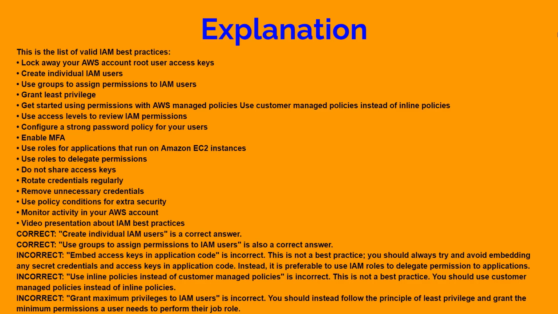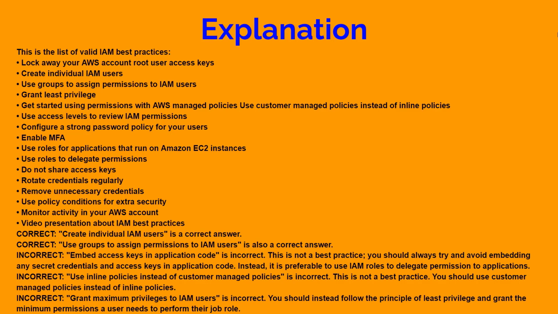Configure a strong password policy for your users. Enable MFA. Use roles for applications that run on Amazon EC2 instances. Use roles to delegate permissions. Do not share access keys. Rotate credentials regularly. Remove unnecessary credentials. Use policy conditions for extra security. Monitor activity in your AWS account. Video presentation about IAM best practices.